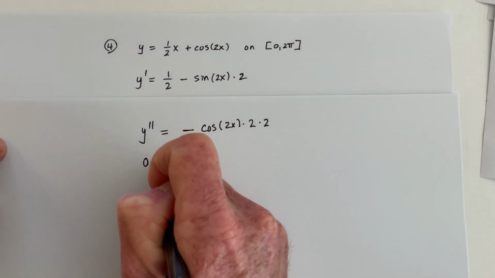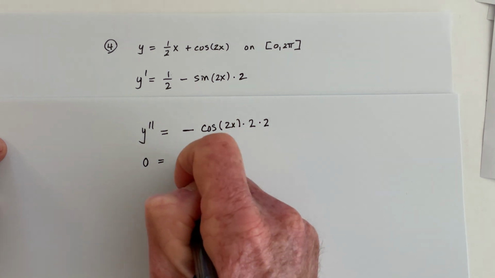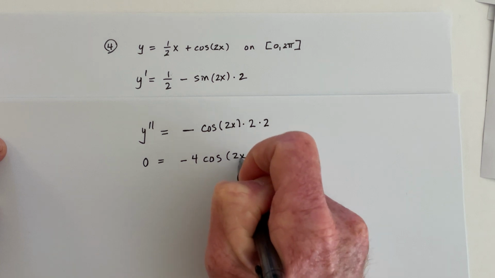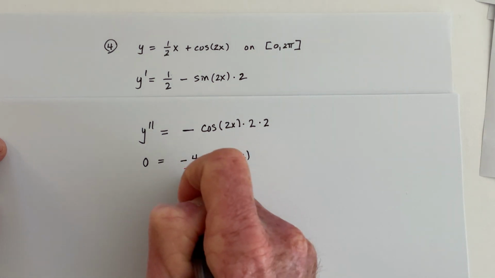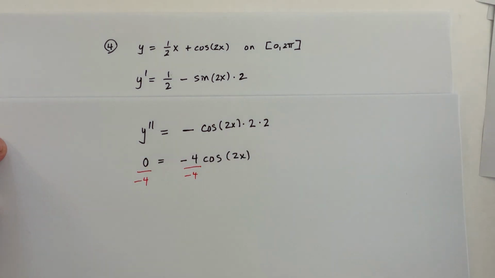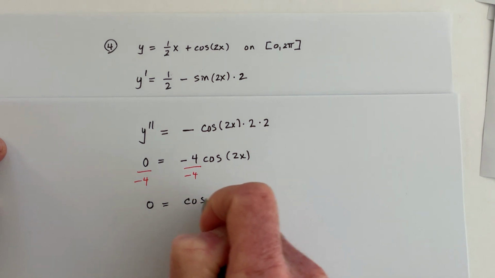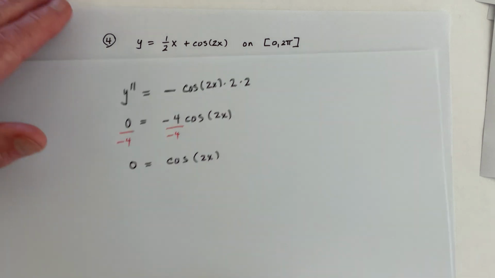And if you set this equal to 0, well, this is a 4, so I could just move that to the front. And then you could even get rid of this -4 by dividing both sides by -4. And then all that's left is, it says, when does cosine of 2x equal 0?